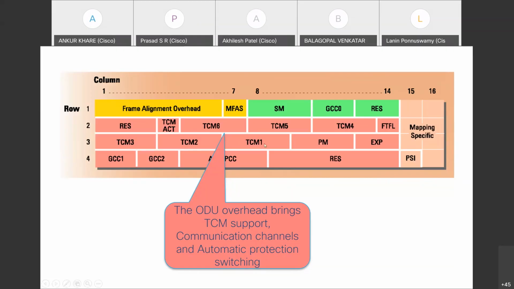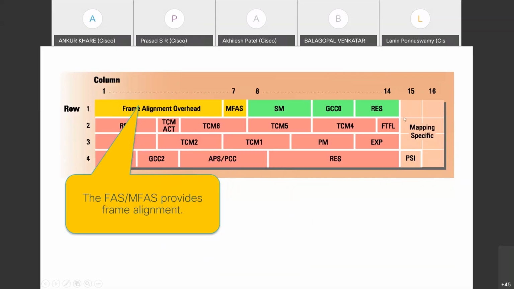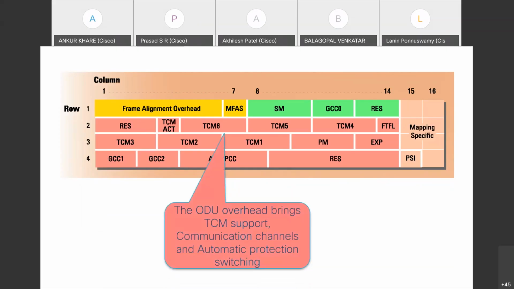And there are some bytes, APS, that is used for the protection switching. If you have working and protection path switching, that is done via APS. So these overhead bytes will be used for all these operational and maintenance purposes.